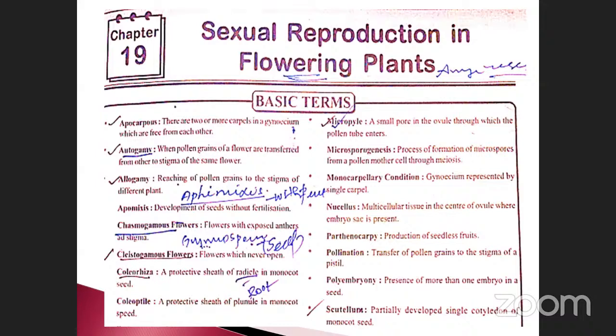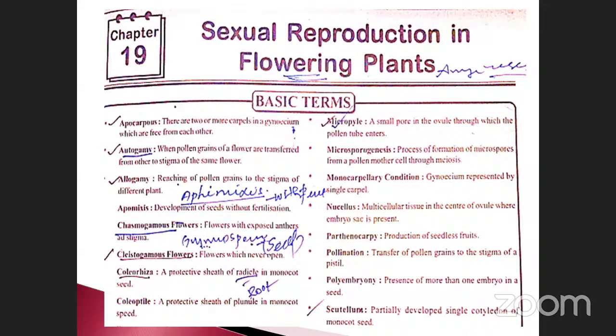Okay, next, what is micropyle? Micropyle is nothing but the small pore in the ovule through which the pollen tube enters. When you study the structure of the ovule, you can see that in the upper portion there is a small opening.